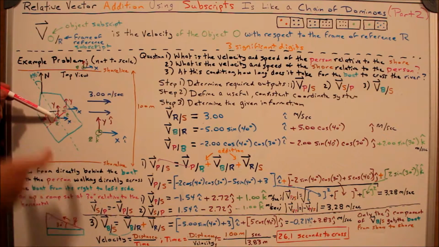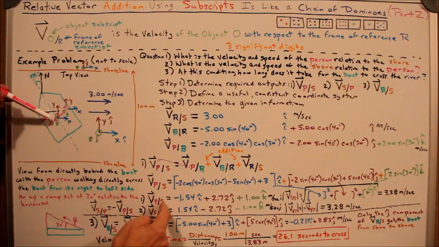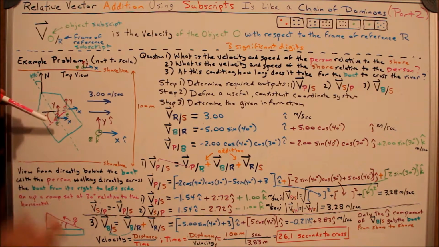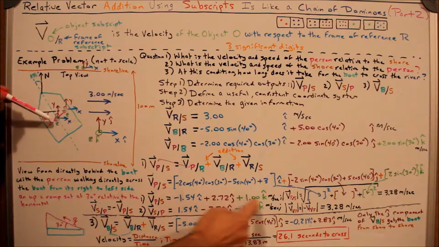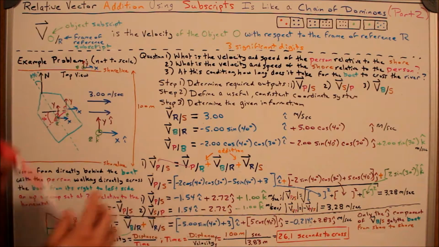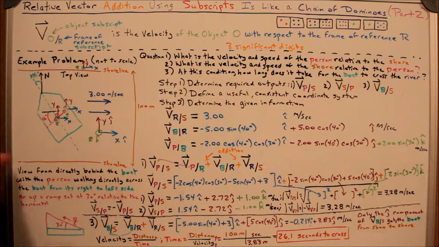So the velocity is a vector, speed is a scalar, and so if you have any 3-dimensional velocity, to solve for the magnitude you take the square of each of the components.